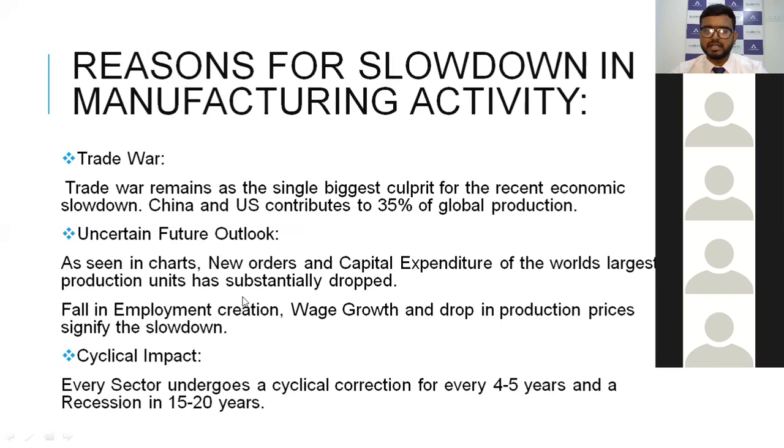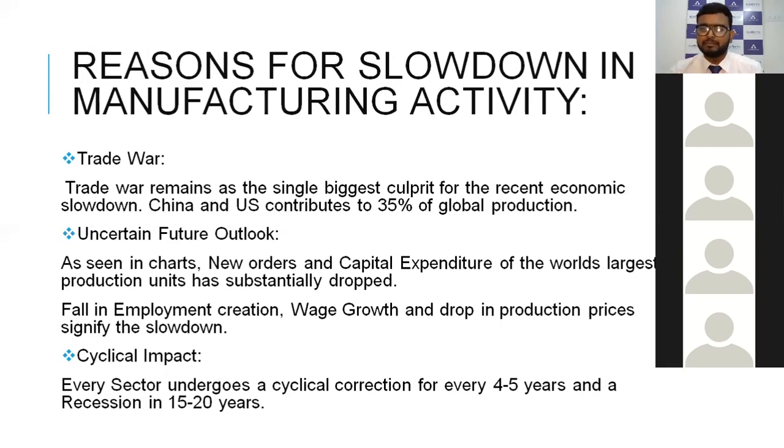The usual pattern shows that every sector, whether manufacturing, service industry, automobile, or telecom, undergoes a cyclical correction every 4 to 5 years, and of course a recession every 15 to 20 years. Since we saw the recession in 2008, there is still more time for that to come in a normal way, but not when you keep aside this trade war. In a normal way, it takes 15 to 20 years.